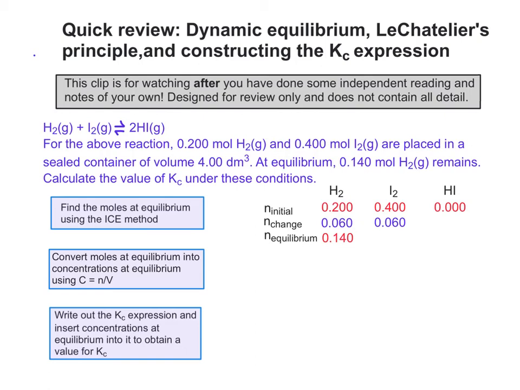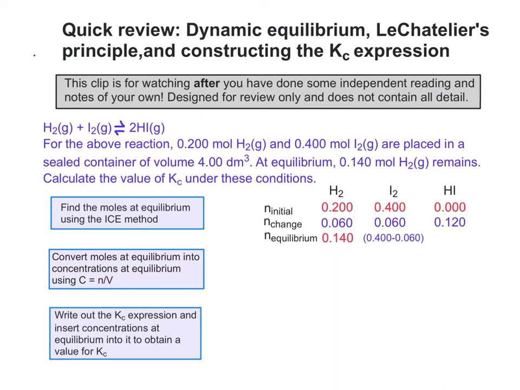At the same time, for every mole of either of them that are used up, 2 moles of hydrogen iodide are made. So you can double the 0.06 to work out how many moles of HI are actually produced, which you can now insert there. Now go back to working out the number of moles at equilibrium for iodine and for hydrogen iodide.